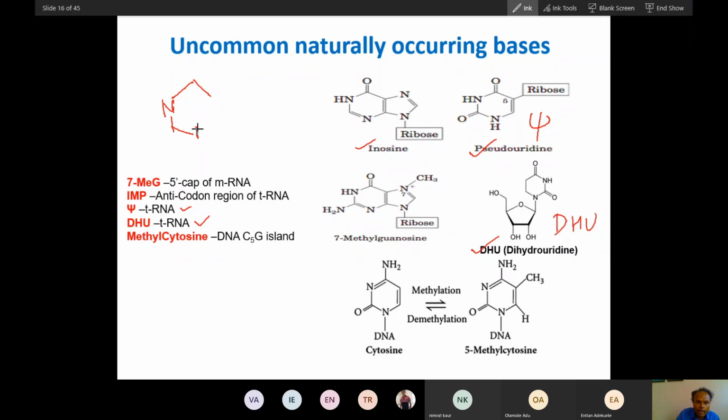I have already told you this IMP we can get from deamination of adenine. Adenine has an amino group. If you do deamination of adenine, it will form inosine. So inosine is also present in tRNA. So these are the different types of uncommon nucleotides that are present in tRNA: DHU, pseudouridine, and IMP.